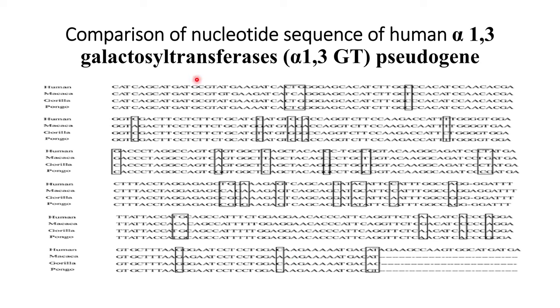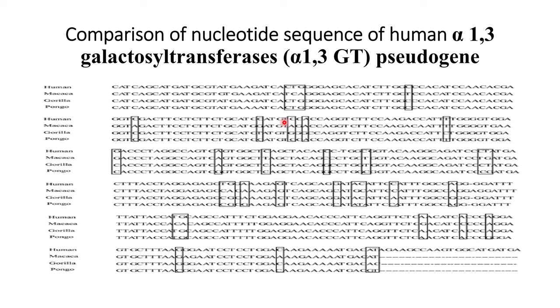This pseudogene has been formed from the human genes, which might lead to a frame shift of the nucleotides in a way that the final enzyme that is produced is inactive.